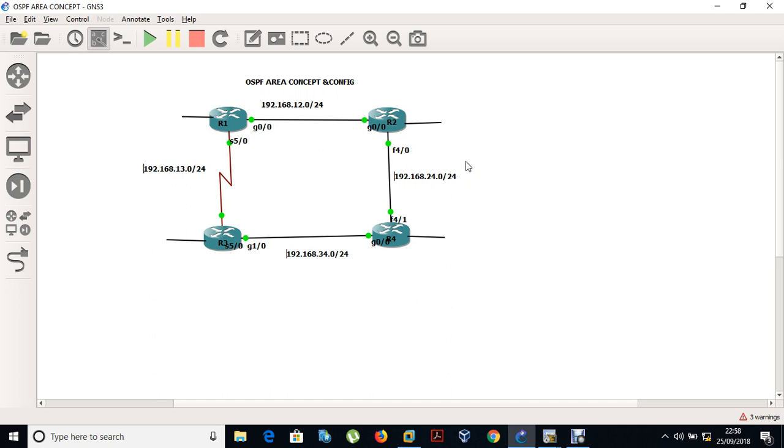That is called LSA type 3, which is information that tells the routers in the other area.